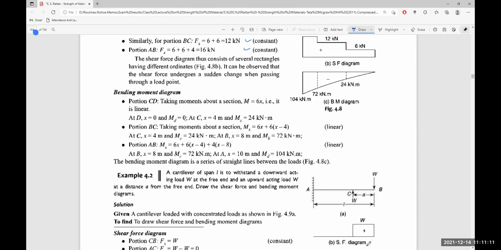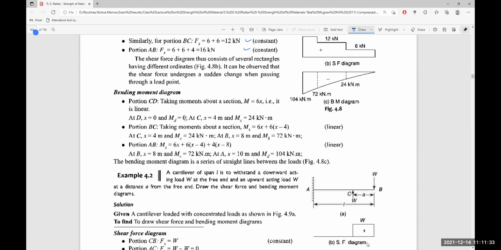A cantilever, another problem. A cantilever of span length L is fixed at the point A. It has to withstand a downward load W at the free end and an upward load W at a distance a from the free end. Draw the shear force and bending moment diagrams.